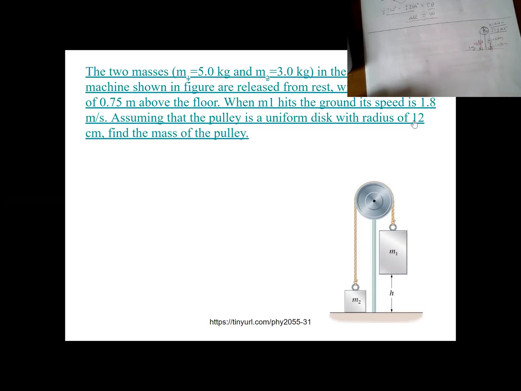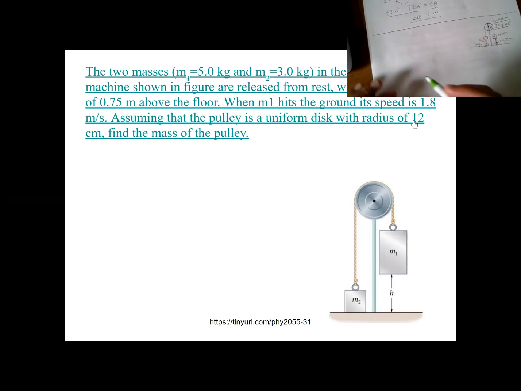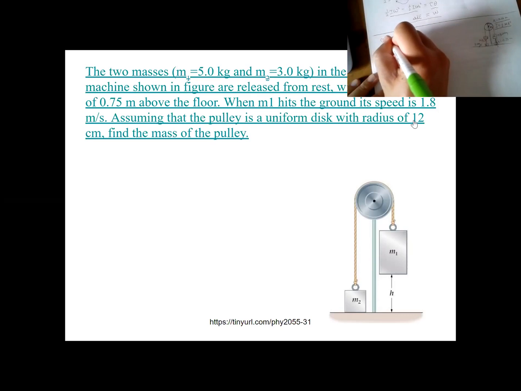As for the tension, there's tension in this direction and tension in that direction, so the work done by the tension on this disk should cancel out. That shouldn't play a factor here. Work is only done by gravitational force, so you can apply conservation of mechanical energy.